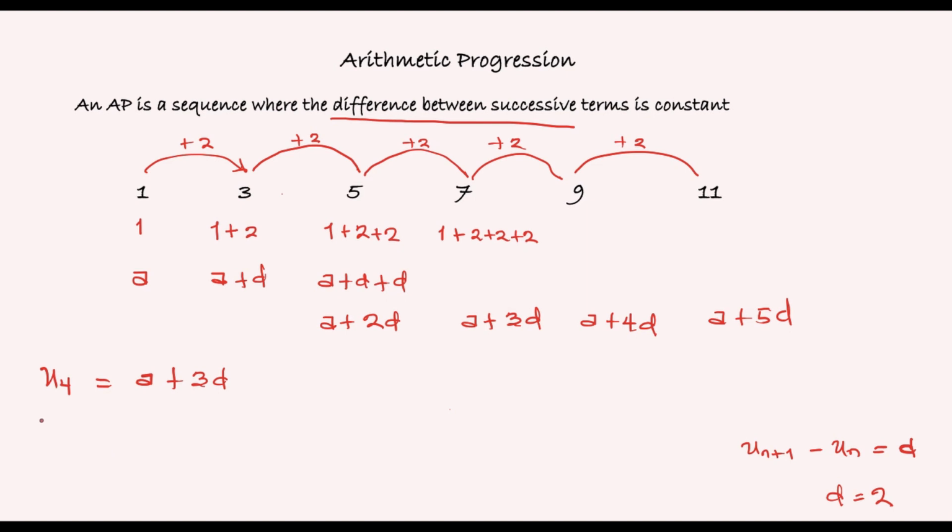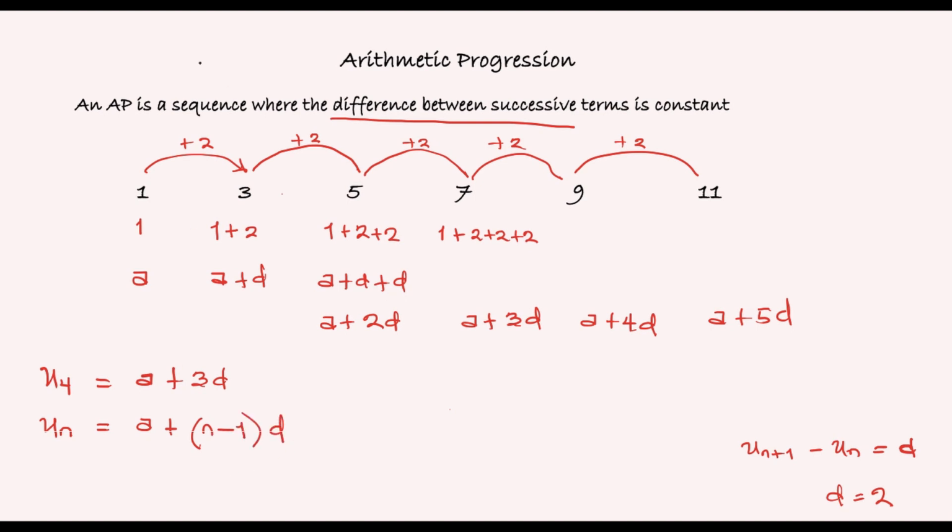So which means that when you're looking for the nth term of an arithmetic progression, we're going to add the first term of the progression to something. Now we have u4 here, which is the fourth term, but we're only adding 3 d's. So we're going to be having n minus 1 d.